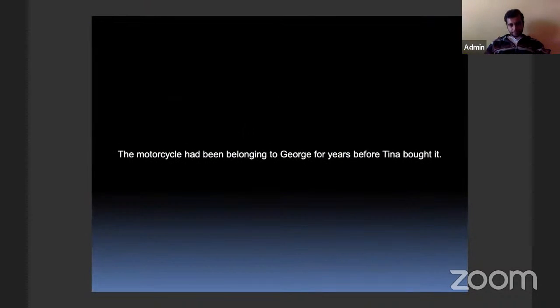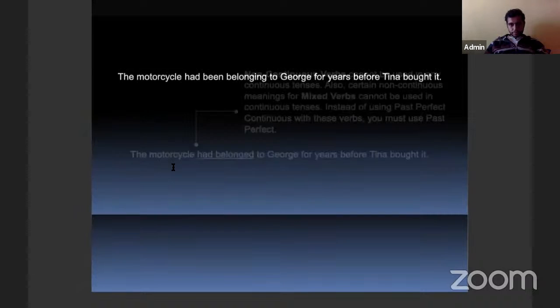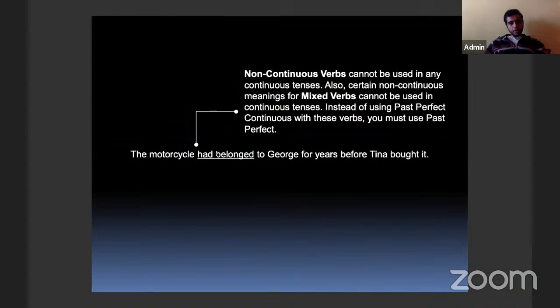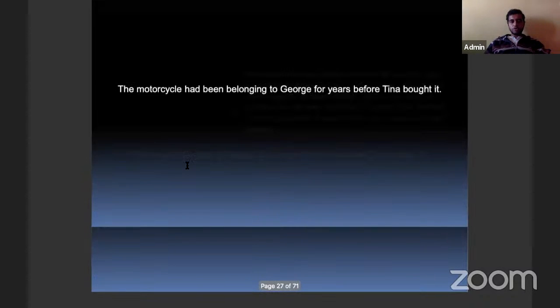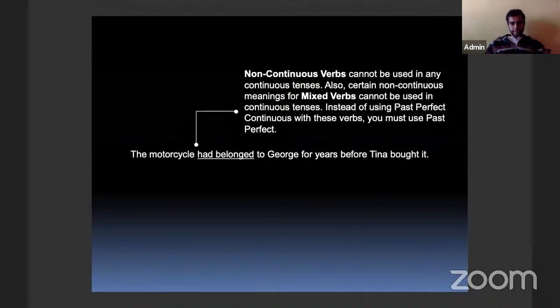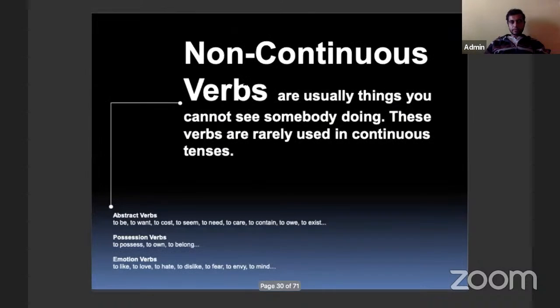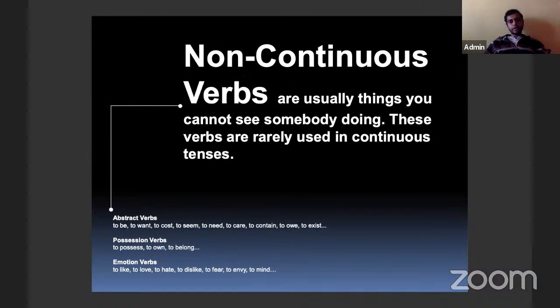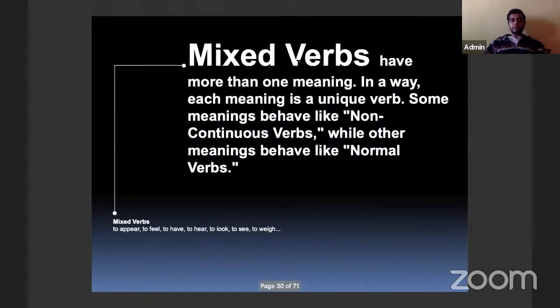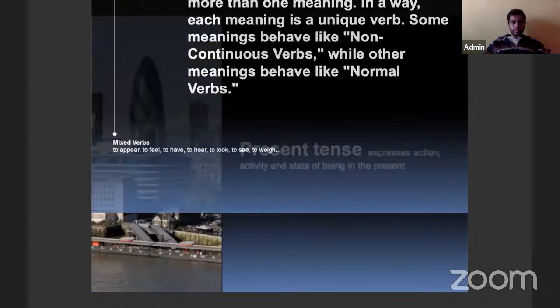Now, belonging, non-continuous verb, you cannot use continuous tenses. So you have to use past perfect. Now, what are non-continuous verbs? Non-continuous verbs, things you cannot see someone doing. Mixed verbs, more than one meaning. Unique meanings, unique verbs. Okay.